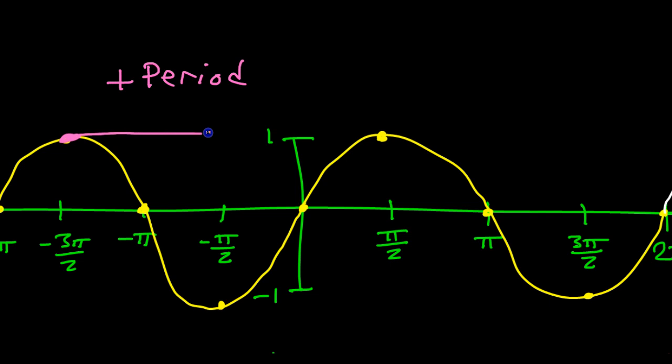So if you add the period, that's going to shift the point from one spot on the graph to the next corresponding part on the graph. So adding the period is going to give you an identical value. If you had a value of 1, it's still going to be a value of 1. If it was a value of 0 and you add the period, it's still going to be a value of 0. So the value doesn't change when you add or subtract the period.